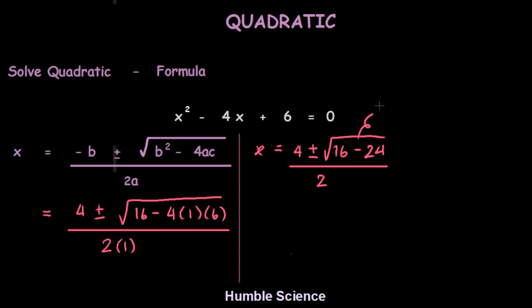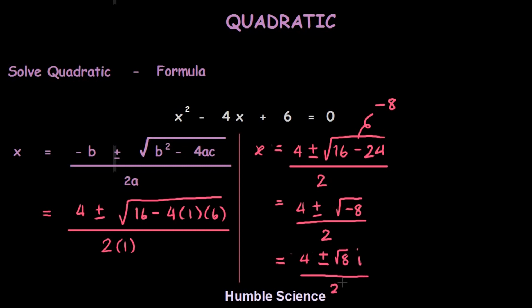16 minus 24 gives us minus 8. That means we're going to be dealing with complex numbers. So x is equal to 4 plus or minus the square root of minus 8, divided by 2. And that's equal to 4 plus or minus root 8 i, divided by 2.